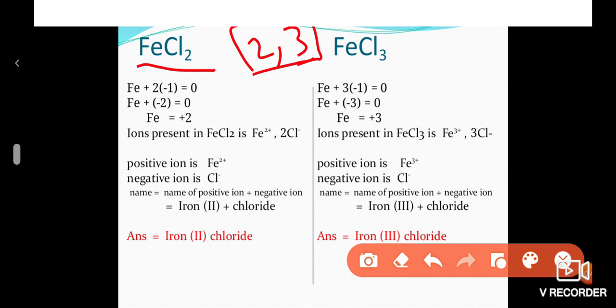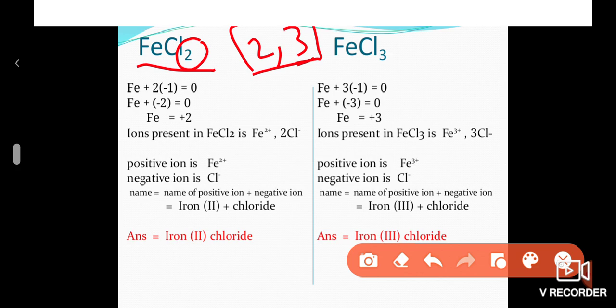Here Fe plus 2 into minus 1. Here 2 represents the 2 chlorine atoms present in it, and minus 1 represents the charge of the chlorine, equal to 0, because all the ionic compounds are neutral in nature.